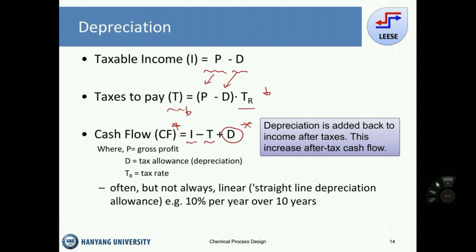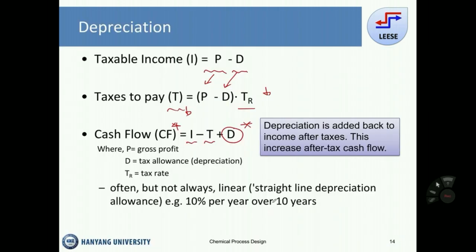So the reactor was $10 million. So year 1, year 2, up to year 10. Now we have 1, 1, and then 1. This is the typical linear arrangement for depreciation. So the straight line depreciation allowance may be used, but I have to say it's not always the case for taking a linear expression.